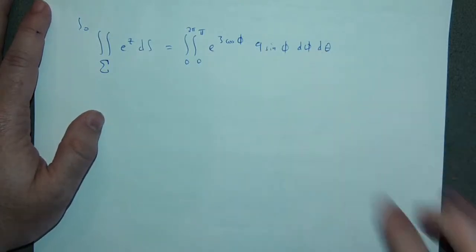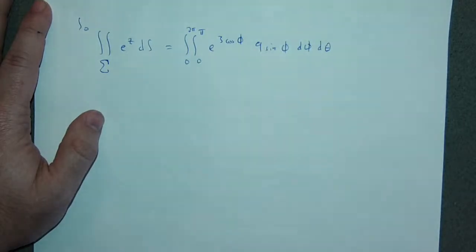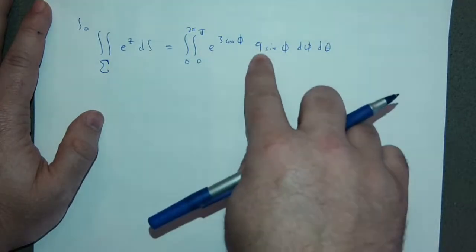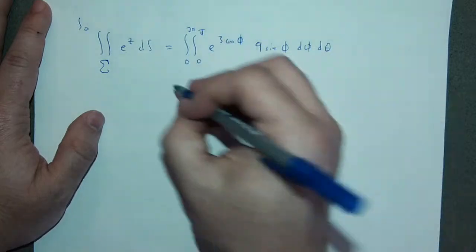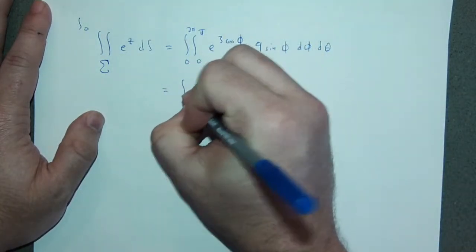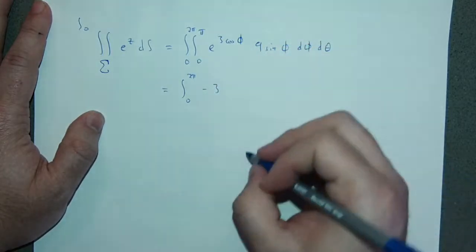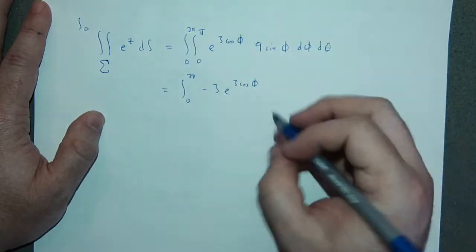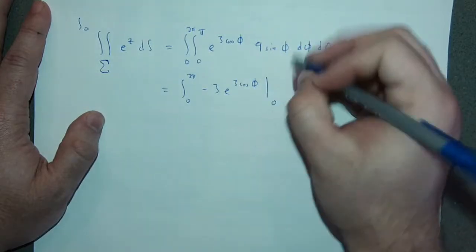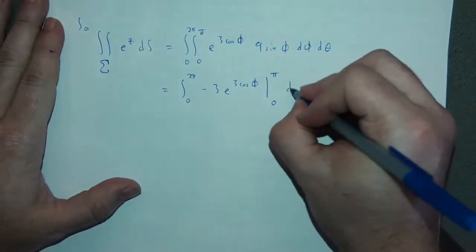But I don't have minus 3 sine phi, I have 9 sine phi. So if I wanted to make this into minus 3 here, this would be 3 times minus 3. So this would be the integral from 0 to 2 pi of minus 3 e to the 3 cosine phi evaluated from 0 to pi, d theta.